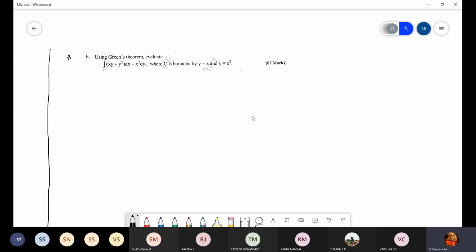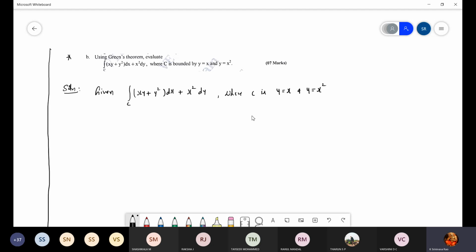Since a single integration is given, that is the left hand side, you should solve the right hand side. Evaluate means you should solve any one. Take down the solution. Given the line integral over C of (xy plus y square) dx plus x square dy, where C is y equals x and y equals x square.